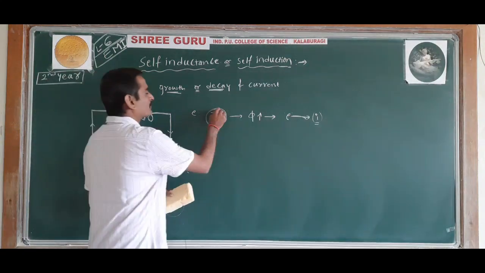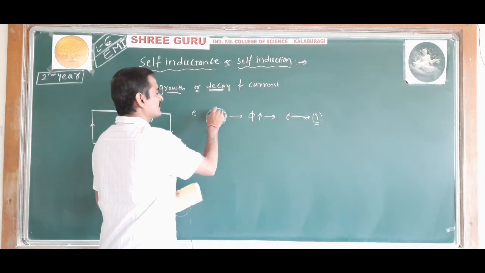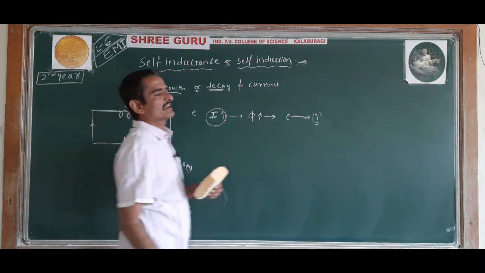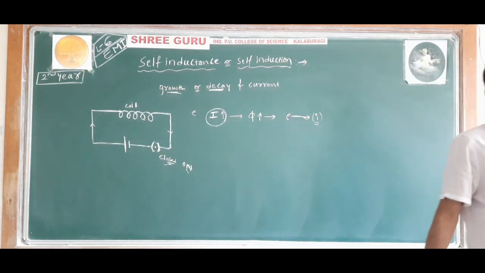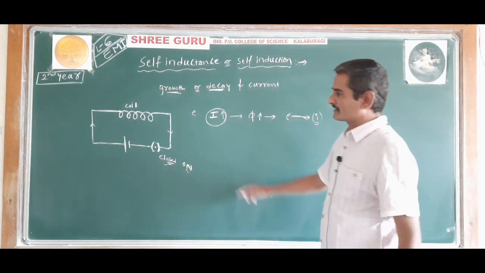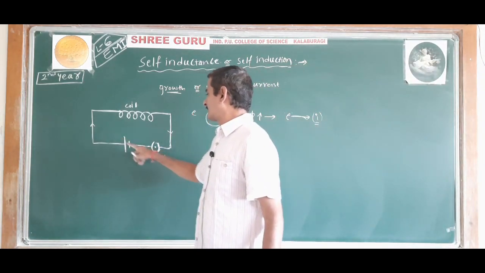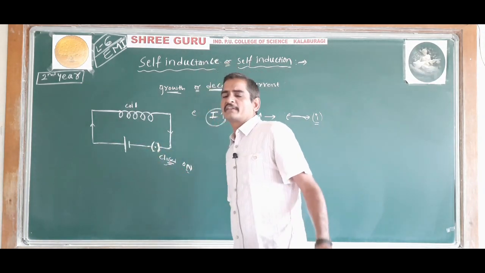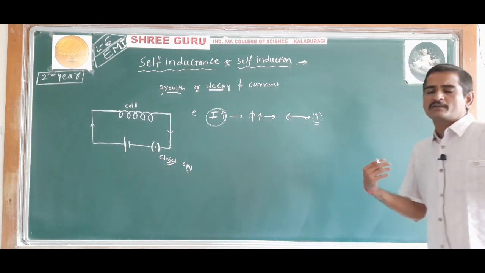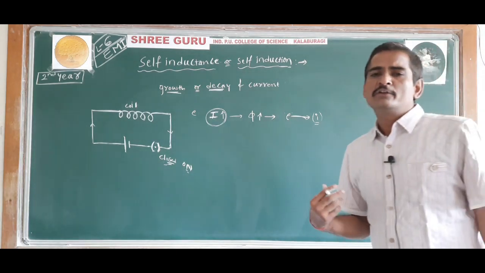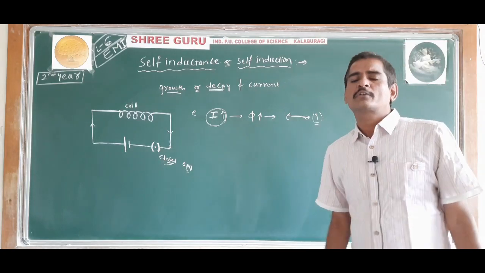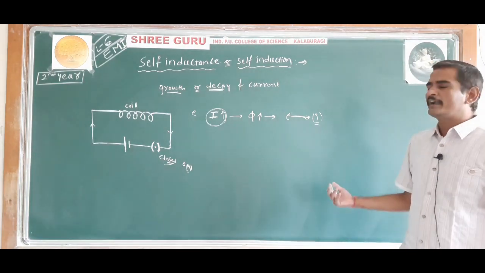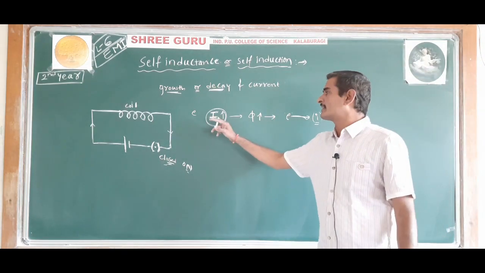So thus, the property of the coil which opposes the increase in the current, that property we call self-inductance or self-induction of a coil. Understood? So when a plug key is closed, the current flowing through the coil increases. As a result, the magnetic flux linked with the coil increases, and an induced EMF is produced. And according to Lenz's law, the direction of this induced current is such that it opposes the increase in the current.